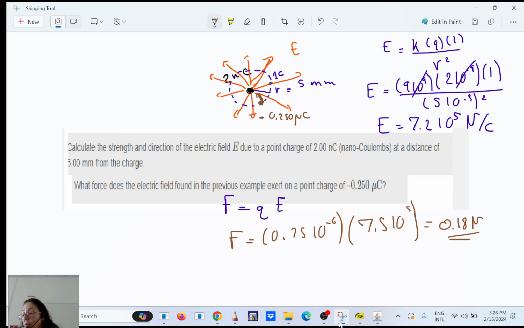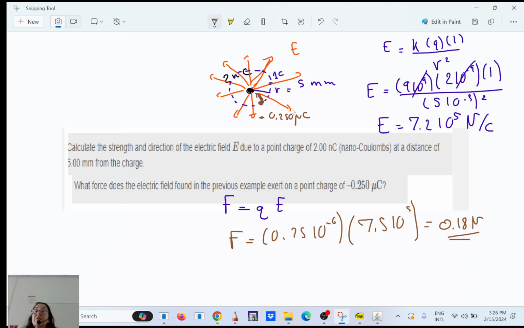Okay, let's do the next one. Next one you have to draw. It's not that you want to get rid of the negative, it's just that this will be the magnitude. The negative is here to tell you that they are in opposite directions.